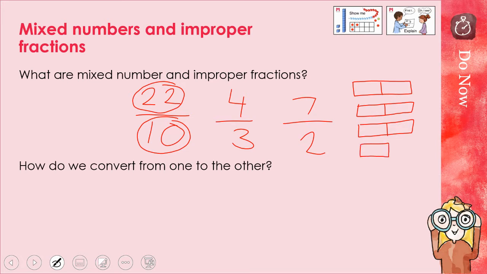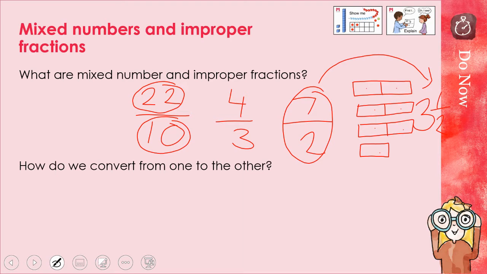So I've got 7 halves: 1, 2, 3, 4, 5, 6, 7. I could write that out as 7 halves, or I could write it out as 3 whole ones and a half. 3 and a half. So there is a relationship between mixed number and improper fractions. Sometimes you might need to convert from one to the other.